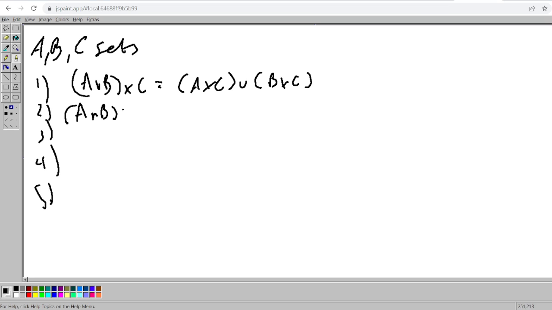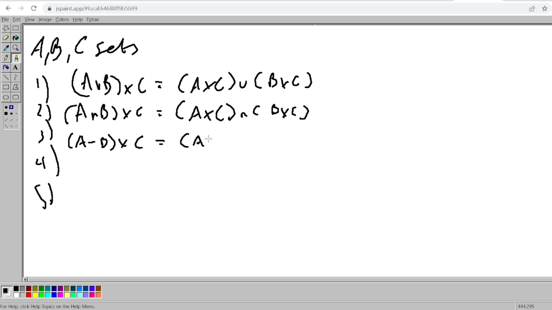(A ∩ B) × C is equal to (A × C) ∩ (B × C). And then the third one is also kind of obvious if you see it. (A − B) × C is equal to (A × C) − (B × C).